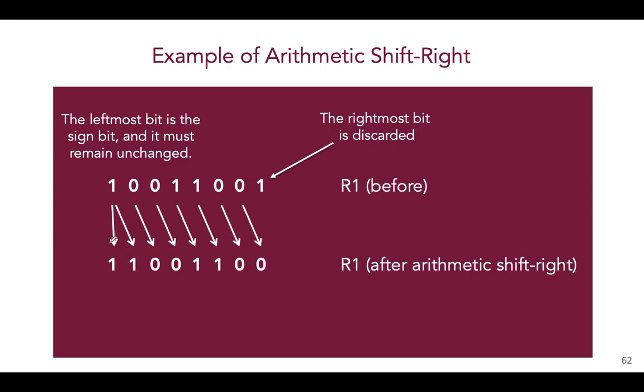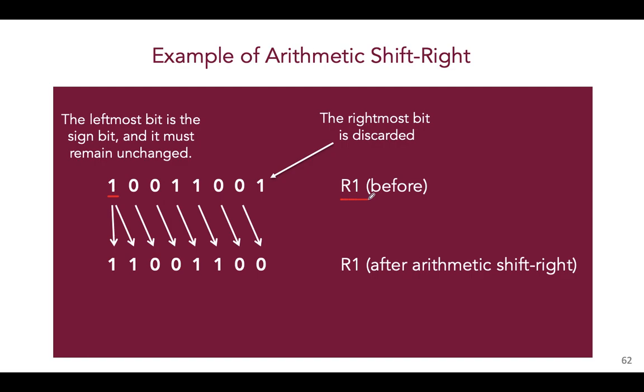So it's going to be exactly like your logical shift right. You're going to shift all the numbers to the right and then drop one number. But in this case, the only difference is since the sign is not supposed to be changed, the extreme left bit, which is your sign bit, should remain the same.